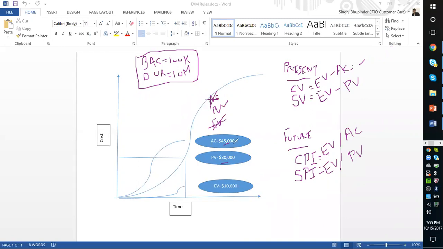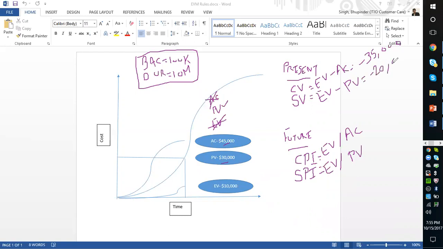Earned value is 10,000 minus actual cost 45,000, so that will be minus $35,000. Right. So you have overspent. And the schedule variance will be 10 minus 30, which is minus $20,000.